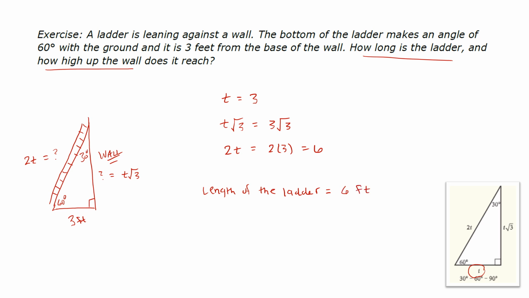And then the height of the wall is going to be t square root 3, which would be 3 square root 3 feet.